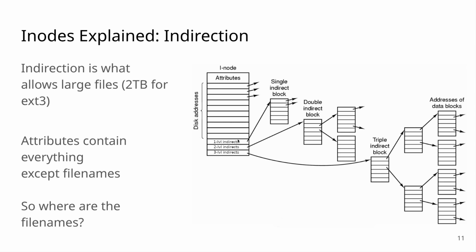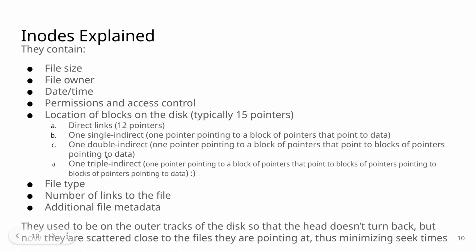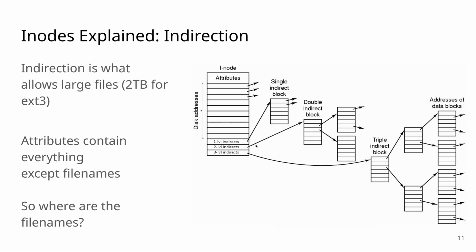And then of course we have also a second level indirect, as we mentioned here, and of course a third level indirect. I don't have to go really deeper into this, but you can get the idea, and that's how we can support very, very big files.